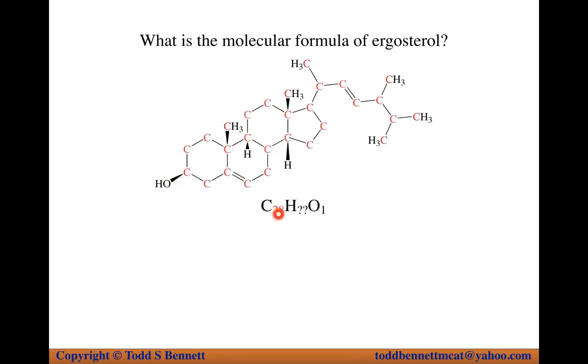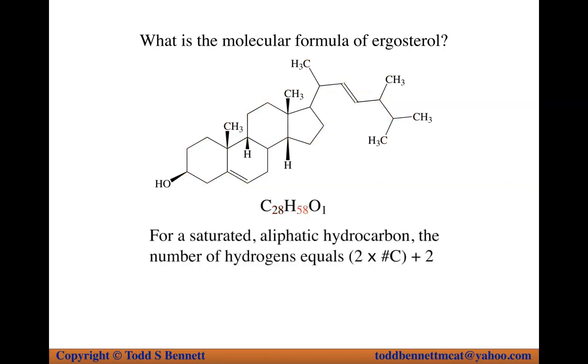So C28, check. O1, got that. H's, I'm just going to use the rule. There are 2N plus 2 H's in a hydrocarbon. Although this has O, I'm still going to use the same formula. So C28, 28 times 2 is 56, plus 2 more would be 58. So I'm going to tell you the formula for this is C28H58O1.